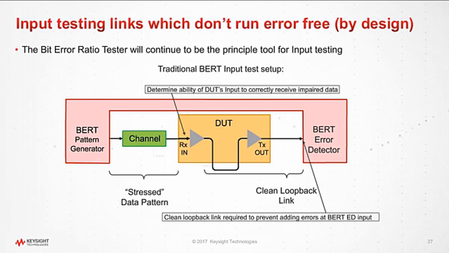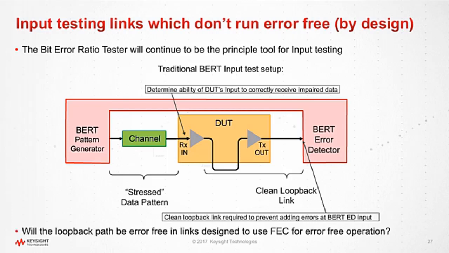When you look at these link margins, error margins, a big contribution is from the nonlinearities, noise and distortions in the transmitter itself. That's beyond the control of the BERT to assure that the transmitter is clean. So the question is, will the loopback link be clean enough, be error-free enough, to make an accurate measurement?